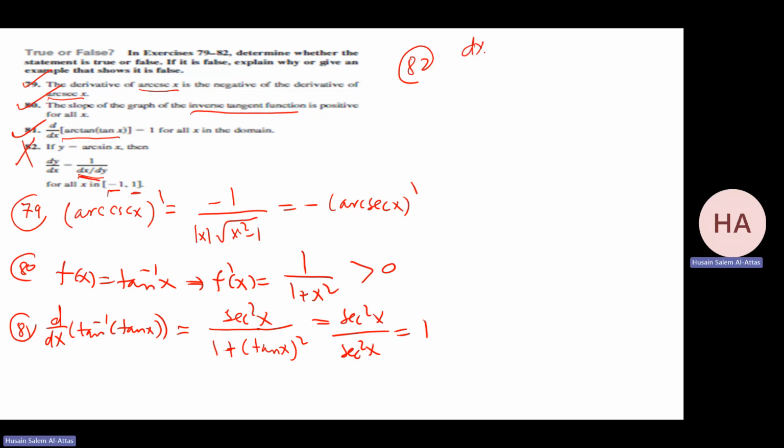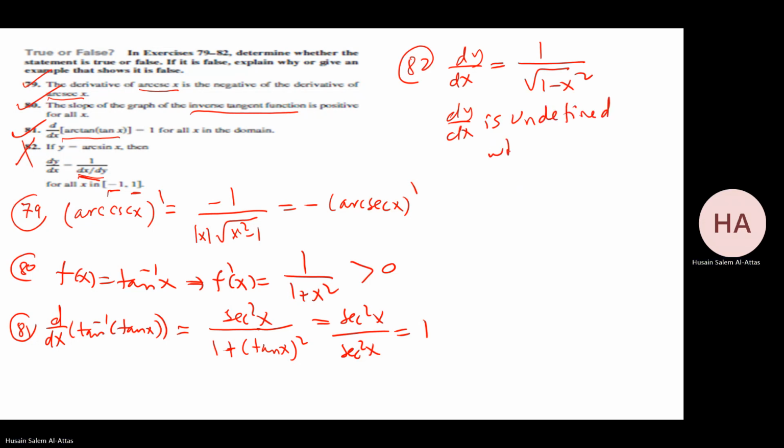So I have dy by dx equal what? 1 over square root of 1 minus x squared. So dy by dx is undefined when x equal plus or minus 1. So this is false. Yes.